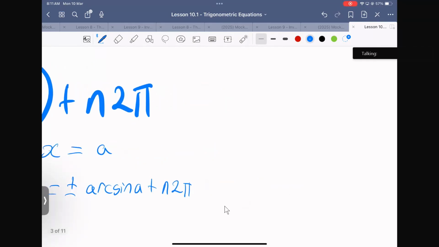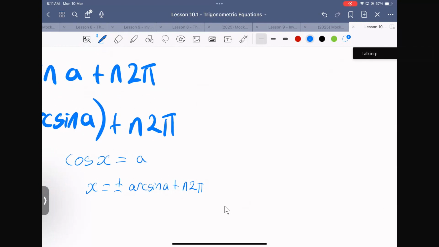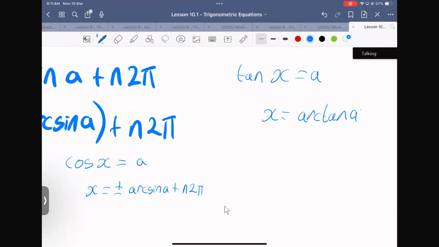And for tangent, if tan x is equal to a, then x is equal to arc tan of a plus n pi.